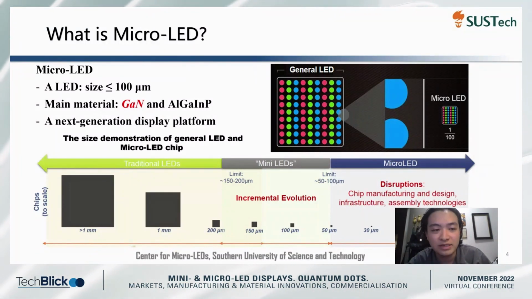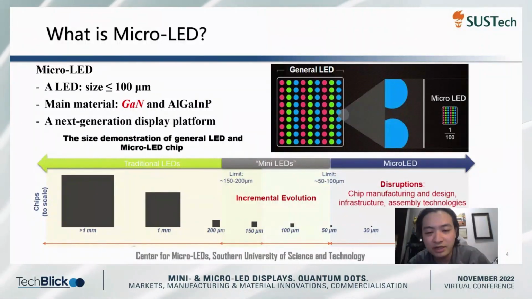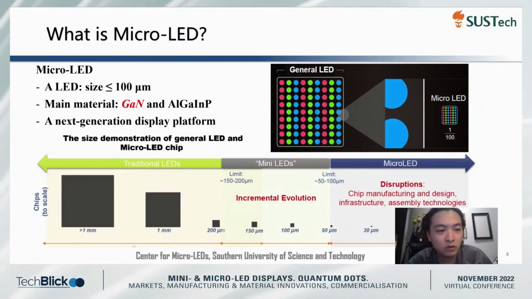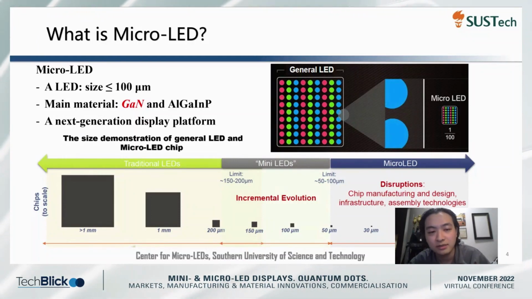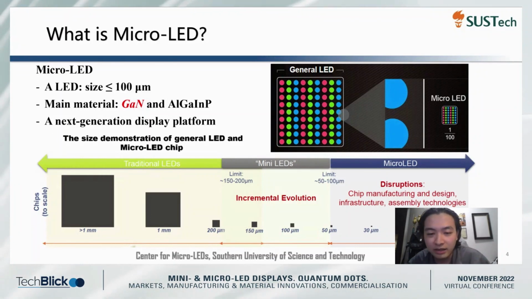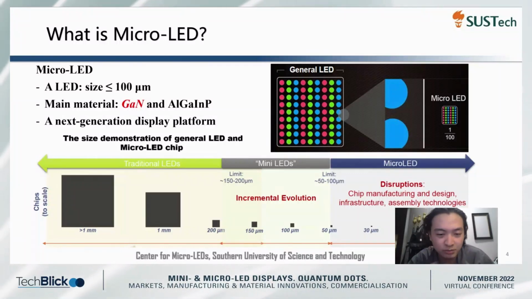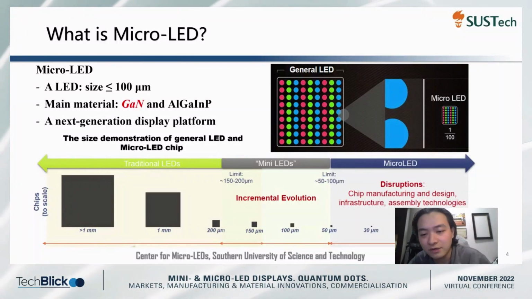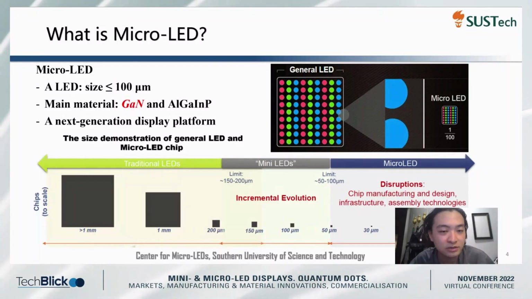As a general rule, the size limit for mini LED is about 150 to 200 micrometers, and for micro LED about 50 to 100 micrometers. When the size shrinks to 100 micrometers, some important elements should be considered, such as chip manufacturing and design infrastructure, assembling technologies, and so on.